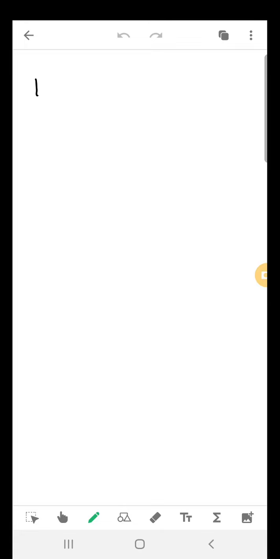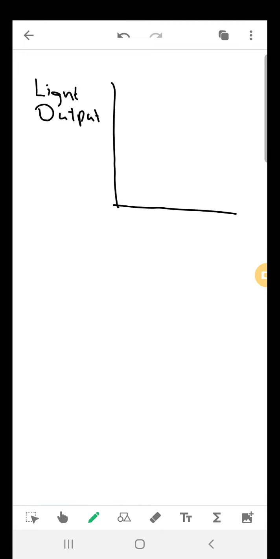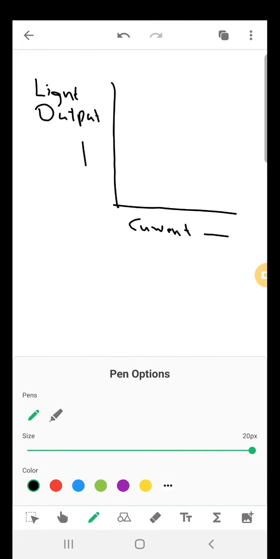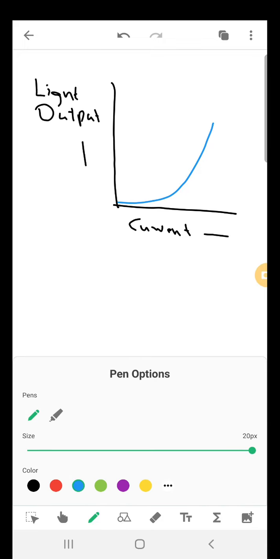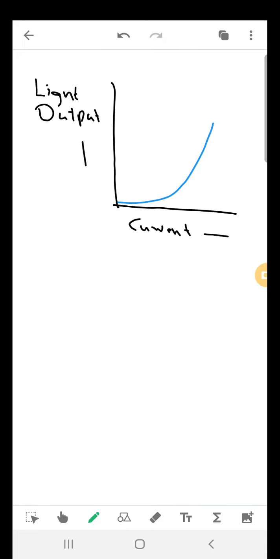So we have a light output and we have a current here. The plot looks like this. This region is your spontaneous emission.